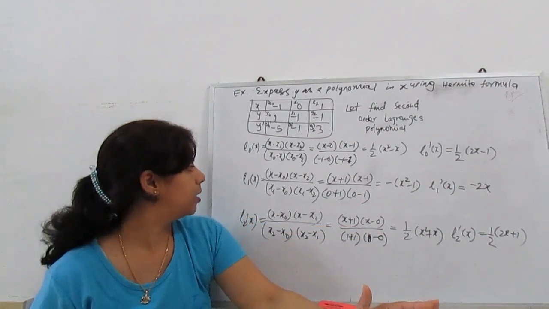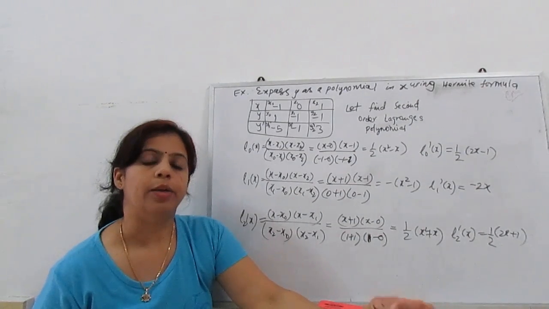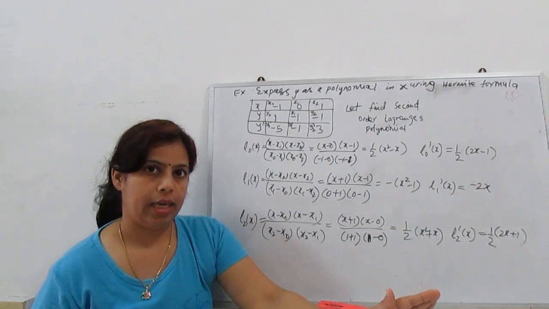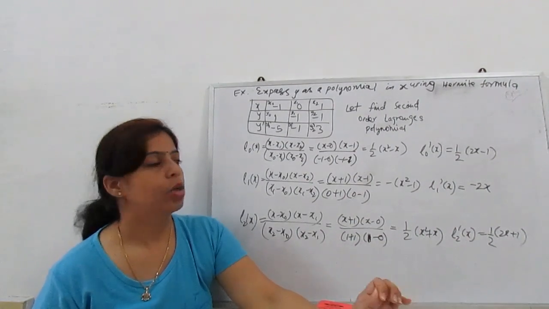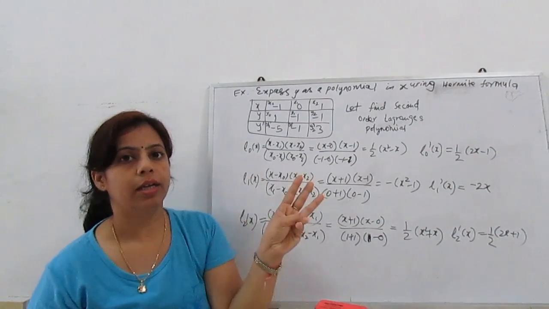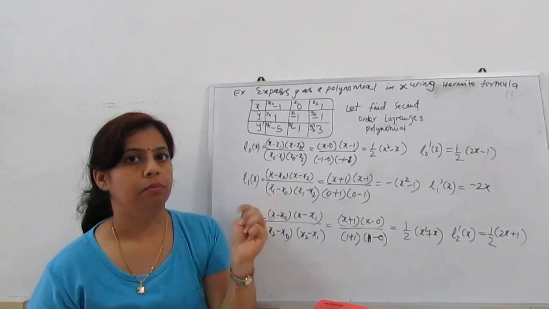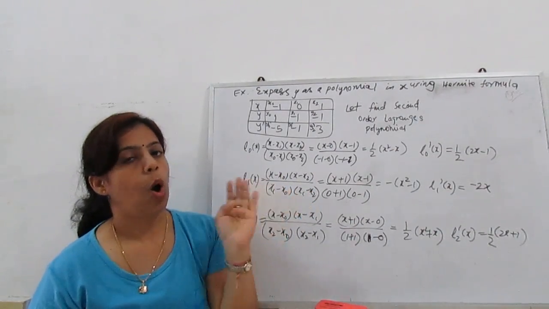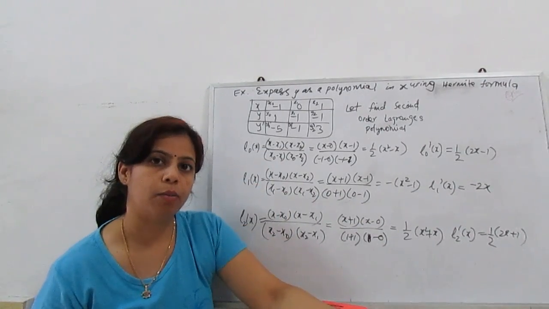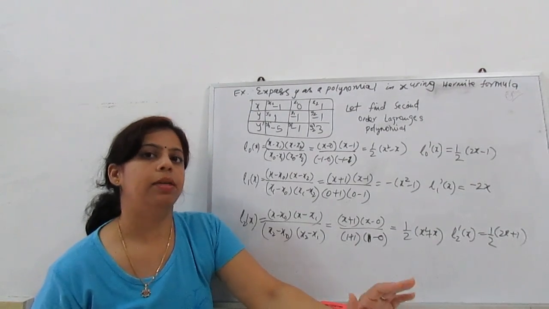When L0, L1, L2 and L0 dash, L1 dash, L2 dash come, then we have to calculate ax and bx. So ax has a0, a1, a2, three terms. Similarly for b, b0, b1, b2. All 3 plus 3, 6 terms, when we substitute in the Hermite formula, then we will get the required solution. So it's a little bit longer.